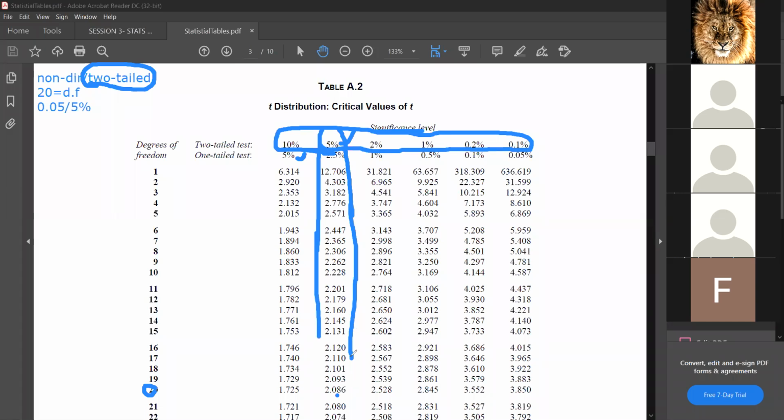Then again, you'll be in a dilemma because you have several values under the second column. So which of the values are you supposed to pick? For you to know the value to pick, it solely depends on the degree of freedom here.